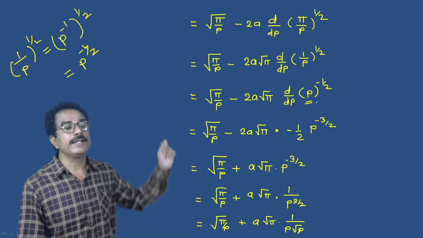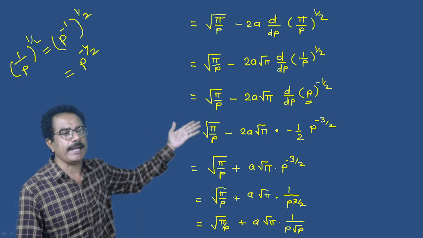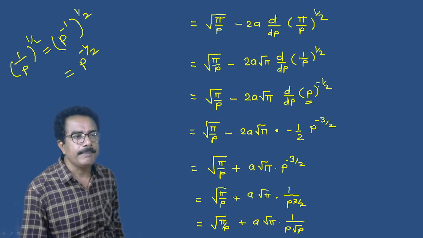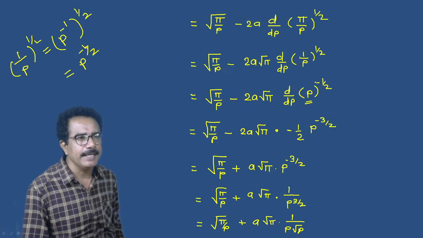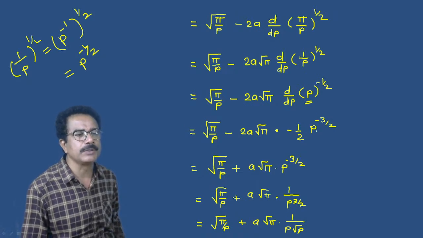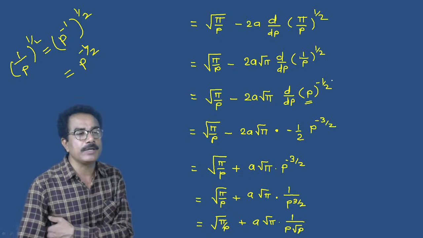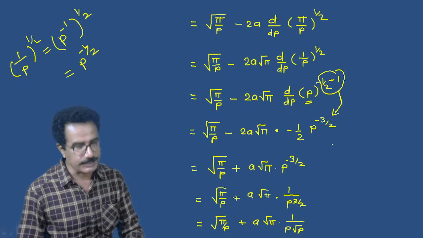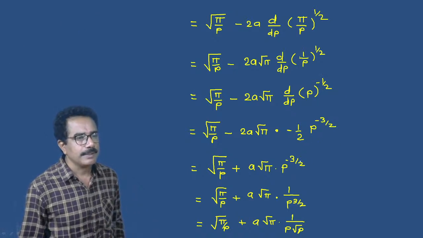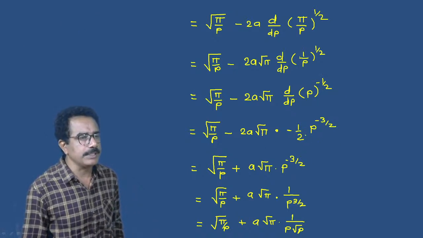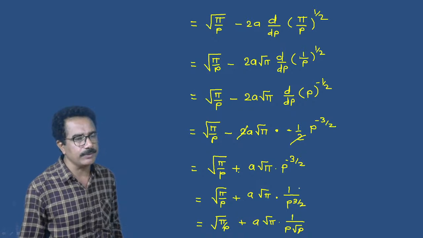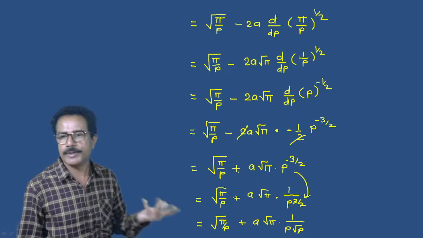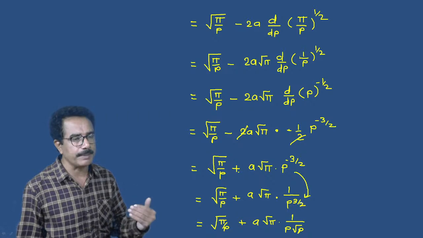Now differentiate this p raised to minus 1 by 2 with respect to p. Take the power as multiple, reduce the power by 1, means minus 1 by 2 into p raised to minus 1 by 2 minus 1, which will be the result as minus 3 by 2. So this minus and this 2 will get cancelled, minus minus will be plus, a root pi into p raised to minus 3 by 2. Then p raised to minus 3 by 2 we can write in the denominator as p raised to plus 3 by 2.